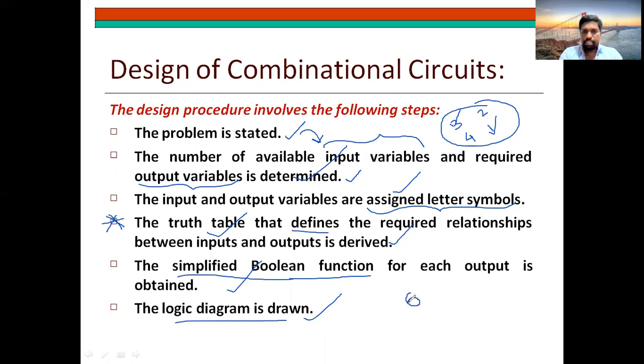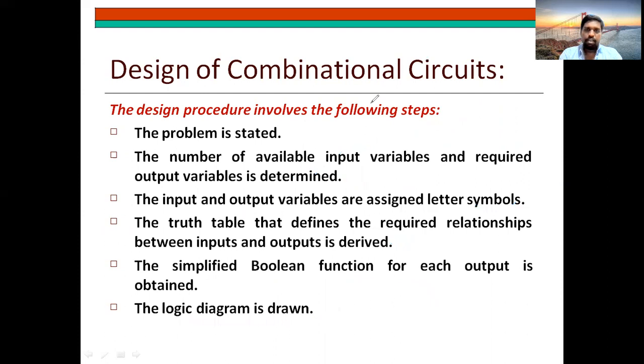These are the six basic steps you need to follow for designing a digital circuit, which is called a combinational circuit. What is step number 1? Problem statement. Step number 2? Defining the input as well as output variables. Step number 3? Naming of those inputs and outputs. Step number 4? Deriving the truth table.